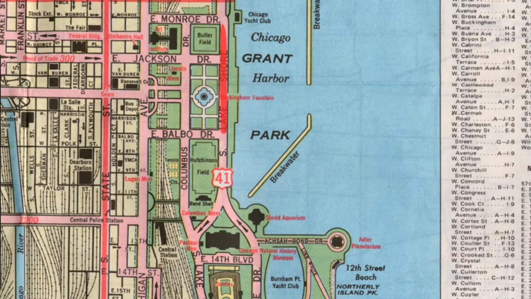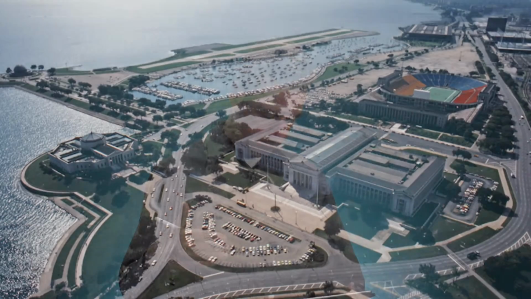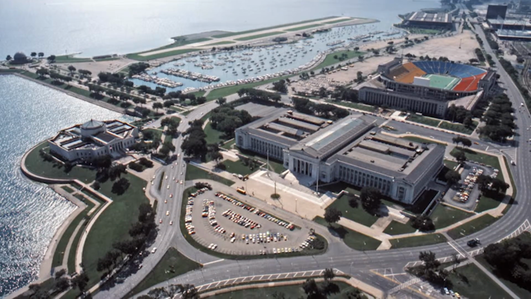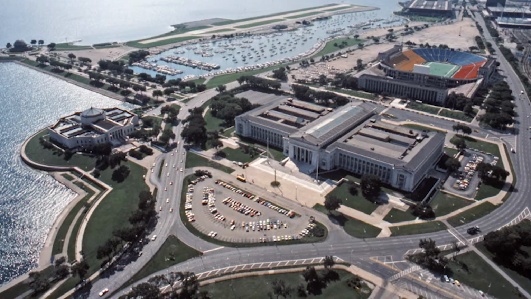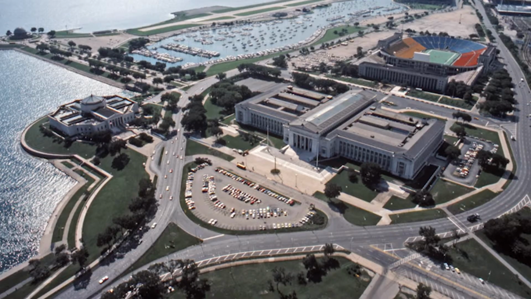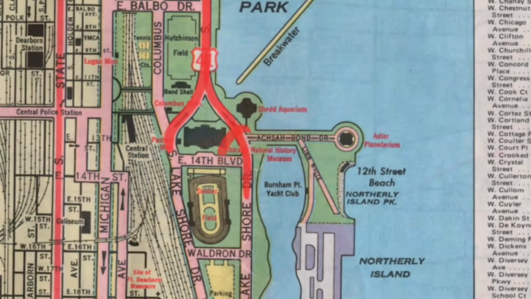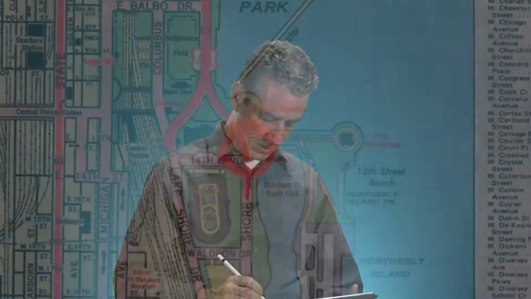As it came south, it bifurcated just in front of the Field Museum, and the southbound traffic was moving to the west side of the museum, and the northbound traffic was moving to the east side of the museum. Now, what that creates, and I'll sketch it right here, you have a road that is subdividing the Field Museum from the Adler Planetarium and the Shedd Aquarium.